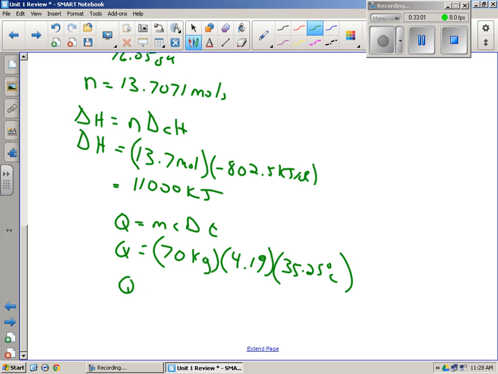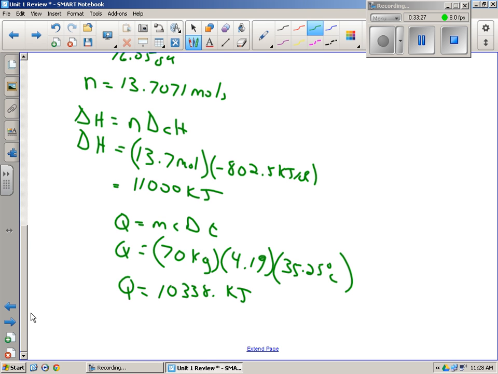And Q in this case works out to be, all said and done, 10,338 point, et cetera, kilojoules. Okay, I'll just end it there. It's close enough. You got the idea. So apparently 10,338 kilojoules was used to heat up that water, but theoretically I used 11,000 kilojoules.